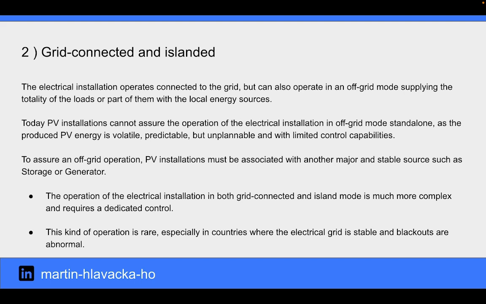Also, the operation of the electrical installation in both grid-connected and island mode is much more complex and requires a dedicated control. This kind of operation is rare, especially in countries where the electrical grid is stable and blackouts are abnormal.